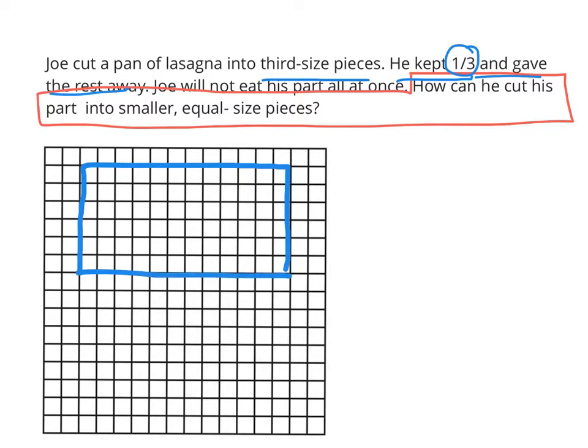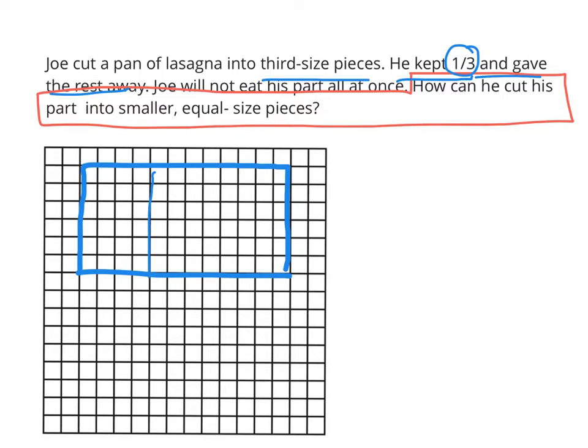Now remember, in the first part of the word problem, it says that Joe cut a pan of lasagna into third-sized pieces. So if this is his pan of lasagna, we have to cut it into thirds. Thirds means 3 equal pieces. So let's go ahead and do that. So we can simply divide our rectangle into thirds.